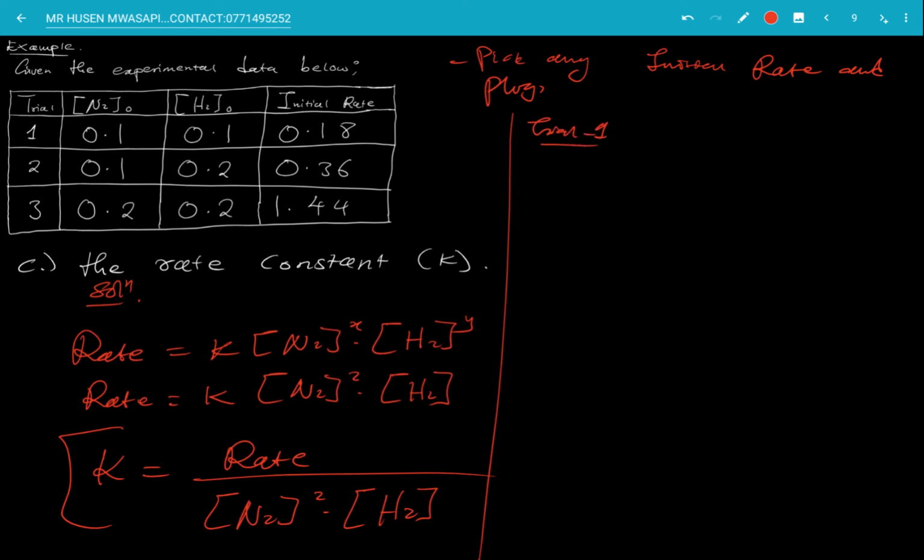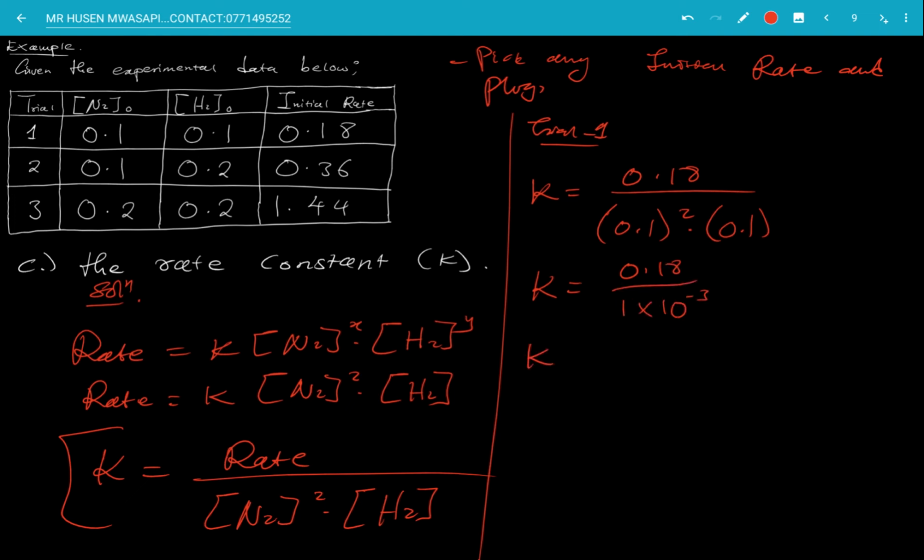So I have K being equal to the initial rate of trial 1, which is 0.18, over the concentration of N2 in trial 1, which is 0.1 squared, times that of hydrogen, which is the same, 0.1. If you compute this, you will end up having 0.18 over 1 times 10 to the minus 3. So K will be 180.